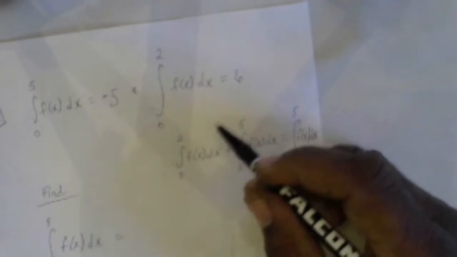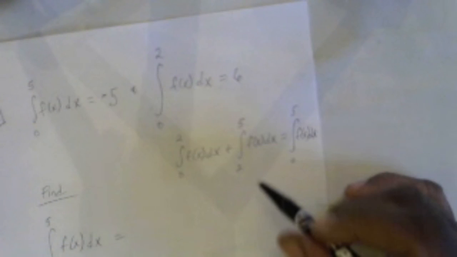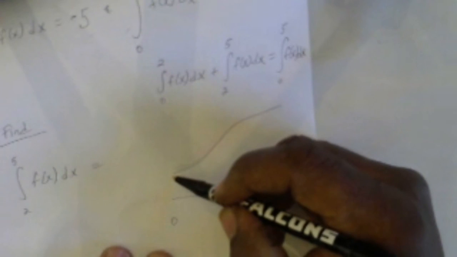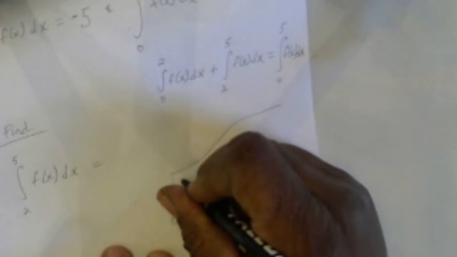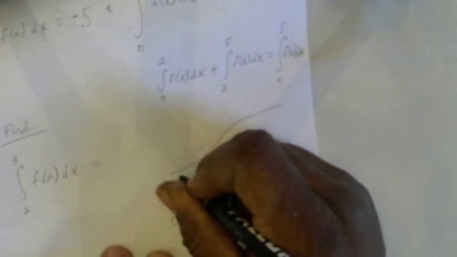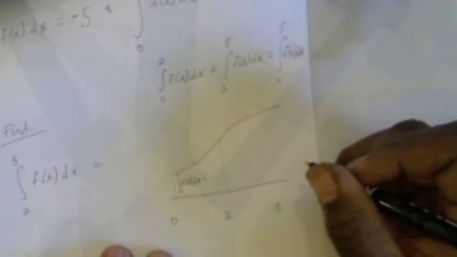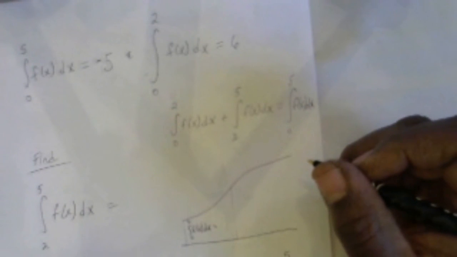Based on that additivity rule that we just saw, I'm going to try to sketch this out. Let's say here we have a 0, a 2, and a 5. From 0 to 2, the integral for f of x dx, we have 6.